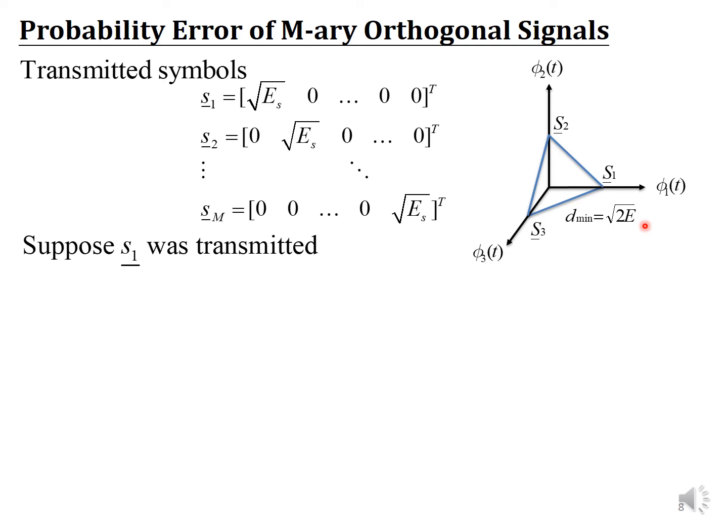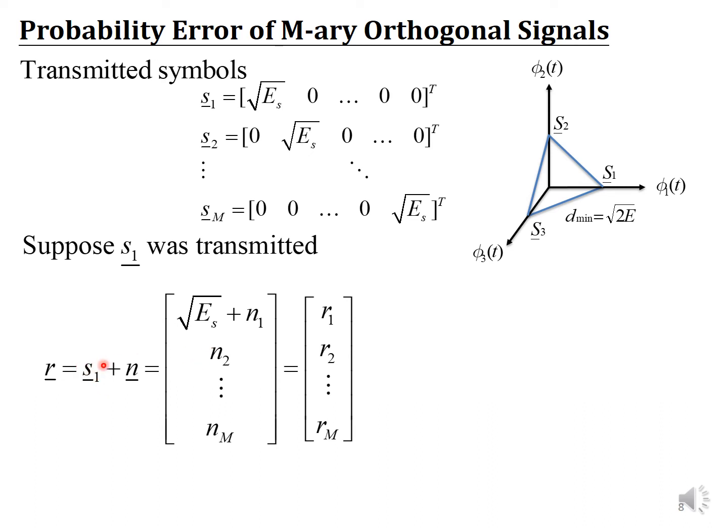Now suppose S1 was transmitted. Suppose S1 was the symbol transmitted, and let's see what would be the error probability when S1 was transmitted.